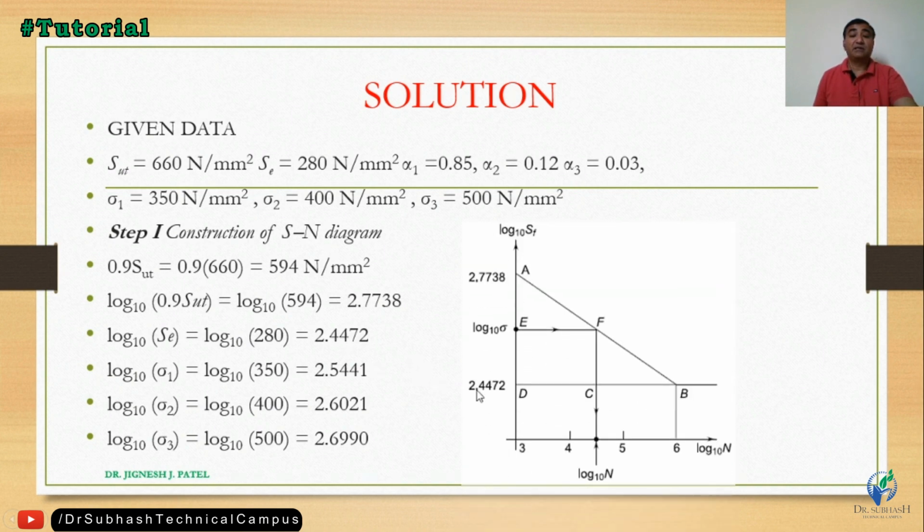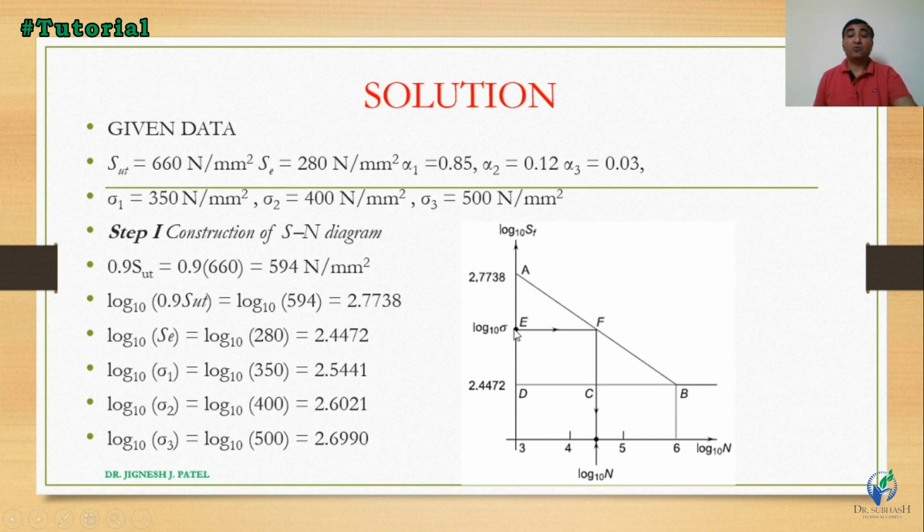You can see here in this S-N diagram, on the x-axis is log N, and on this axis is log SF. The diagram starts from this point A, where the value is log 0.9 SUT, which is 2.7738. At this point B, it is the endurance limit, so log SE is equal to 2.4472.